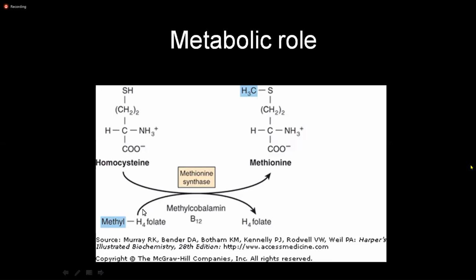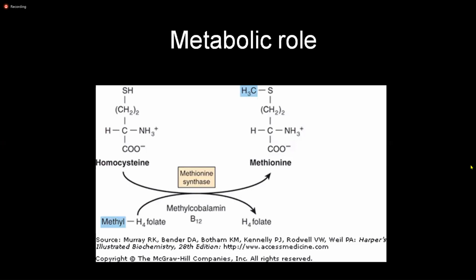Methyl tetrahydrofolate is the methyl donor in this reaction. It donates this methyl group to homocysteine to produce methionine and regenerates active tetrahydrofolate. In the absence of vitamin B12, there will be a folate trap. The folate trap hypothesis is explained by the same reaction that we learned yesterday.